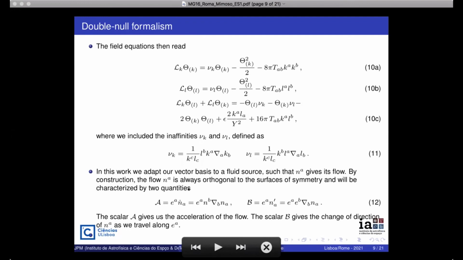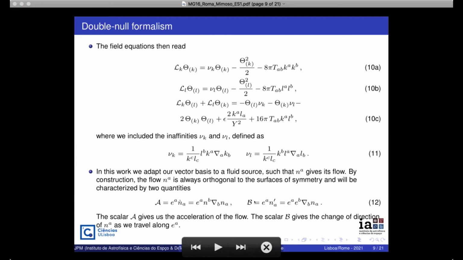In practice, going back to more traditional splitting with the time-like orthogonal vector to the leaves, the vector n, we can define the acceleration in this way.